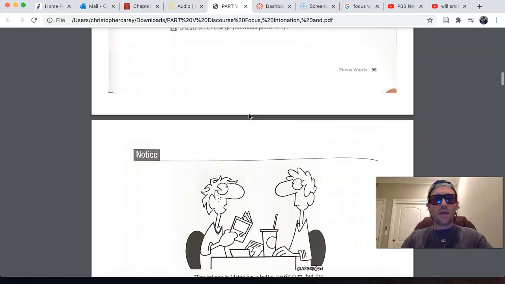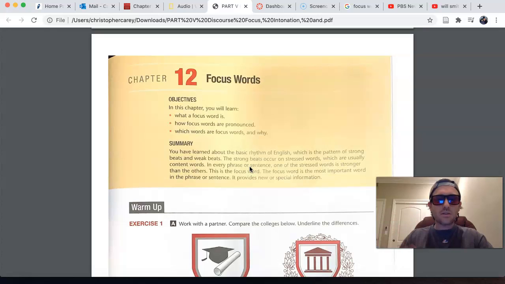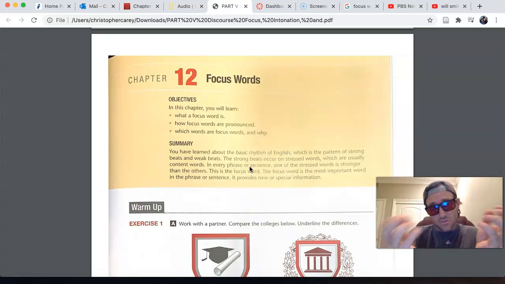So that's what we're going to look at in this chapter. That in English, we have this basic rhythm. That rhythm is achieved when we stress content words and unstress function words. Words themselves having syllable stress, linking words, consonant sounds with vowel sounds, consonant sounds with consonant sounds. We talked about that last chapter.